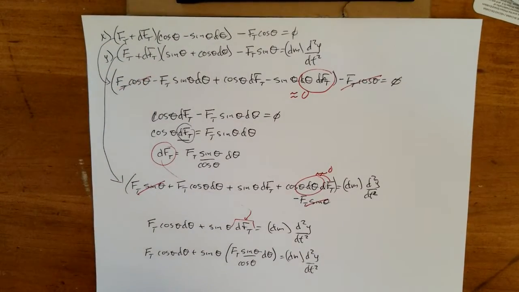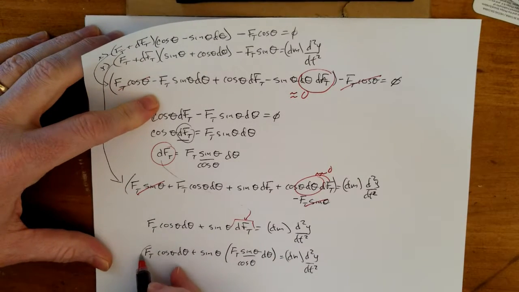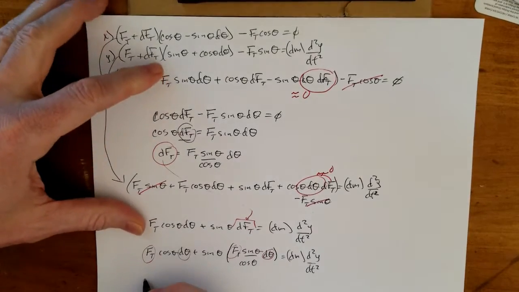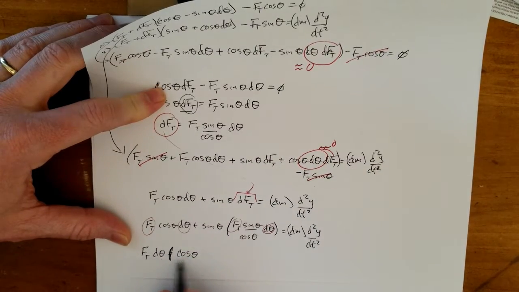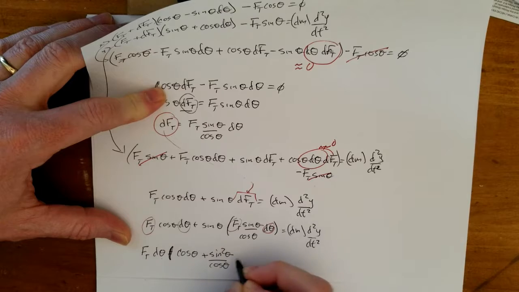On this side over here, what do I have in common? I have F_T d theta on both terms, so I'm going to factor that out. So I have F_T d theta times cosine of theta plus sine squared theta over cosine theta. It's equal to that.